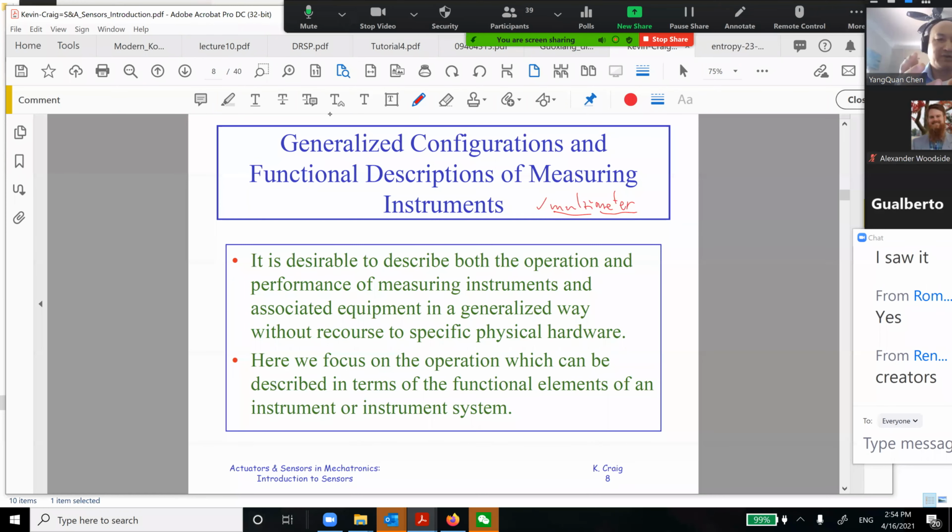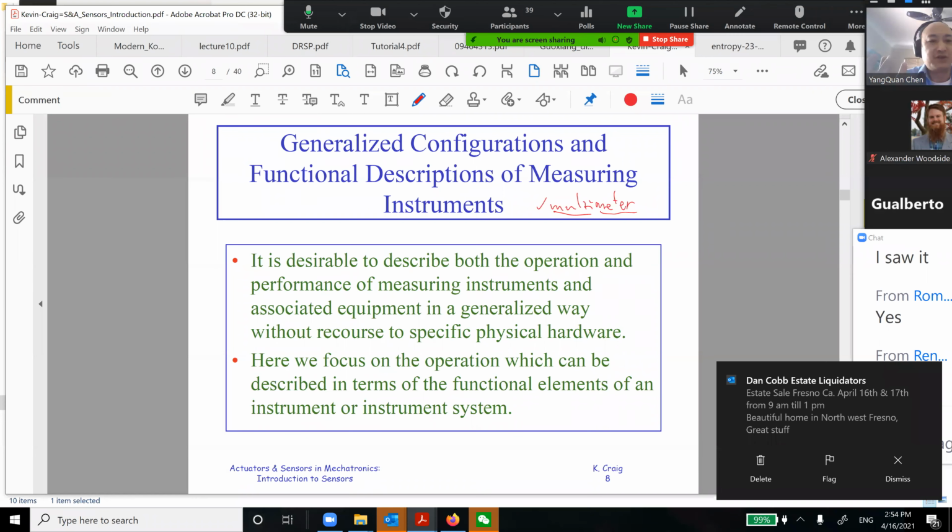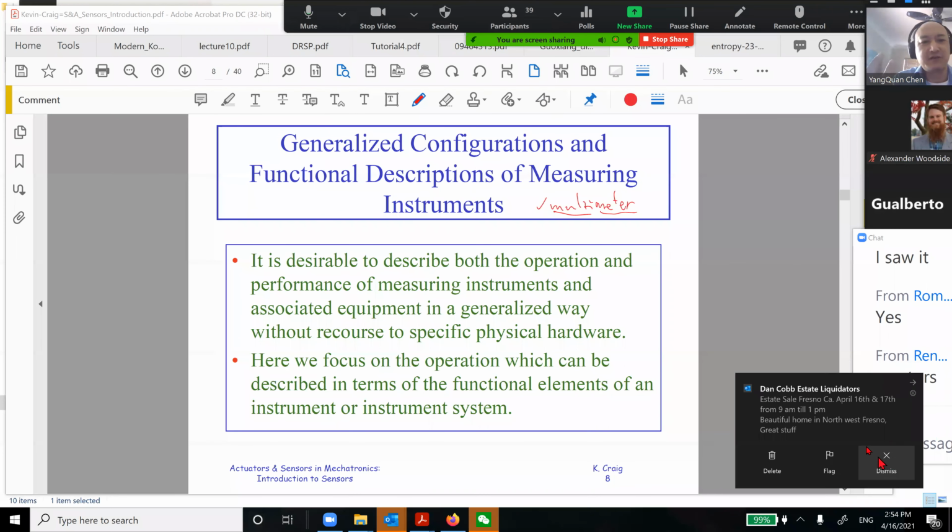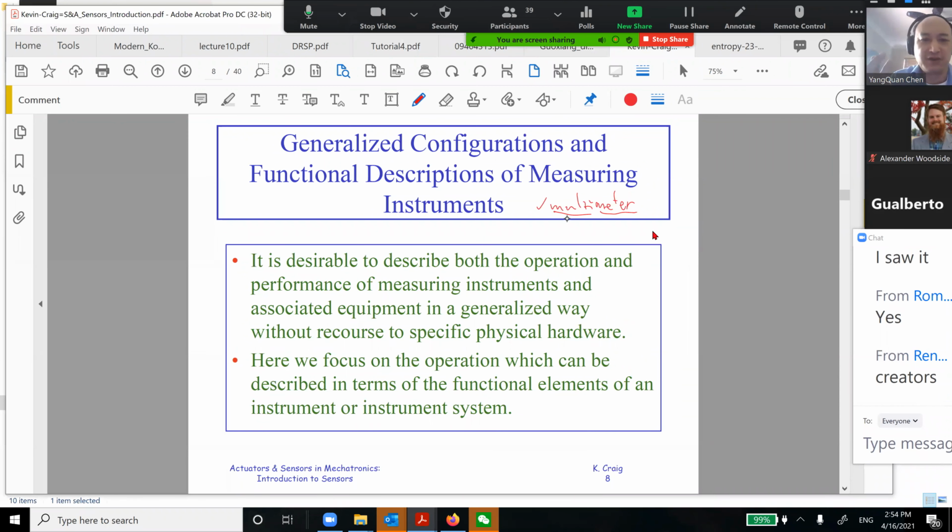Some of them can help you measure capacitance as well, and DC and AC and so forth. But anything you use is a kind of instrument.